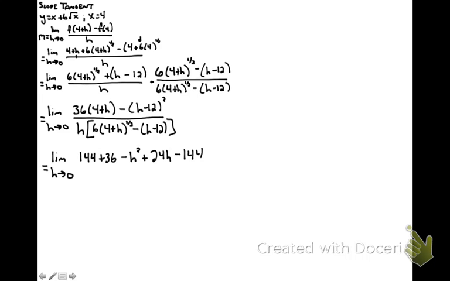Right, so a lot of algebra simplifying has occurred, and my denominator I'm going to leave alone. But now I'm really happy. And the reason I'm happy is because I can see that the 144s are going to cancel out, and everything I have left in the numerator has an h in it, which means I'll finally be able to divide this h out. And this should be 36h.